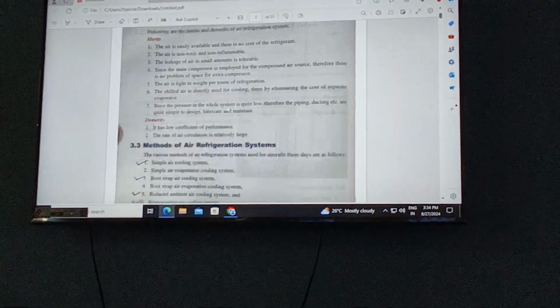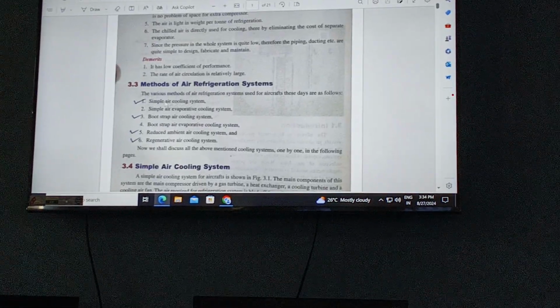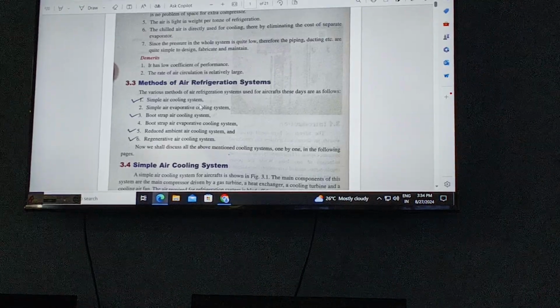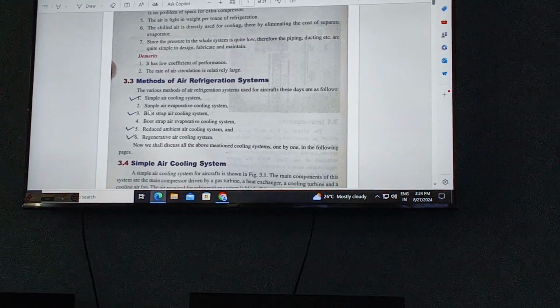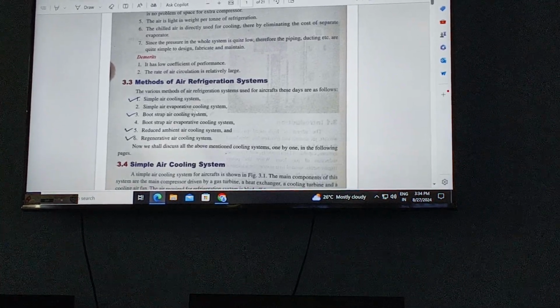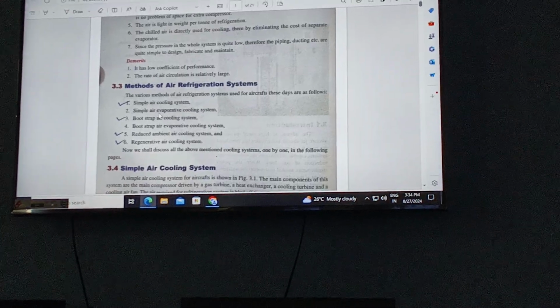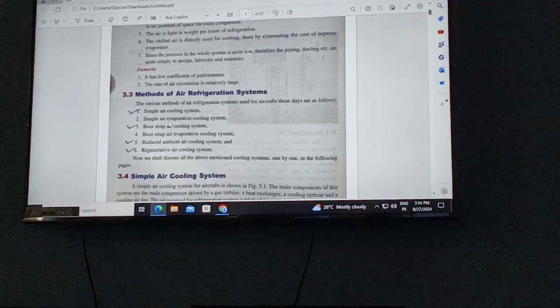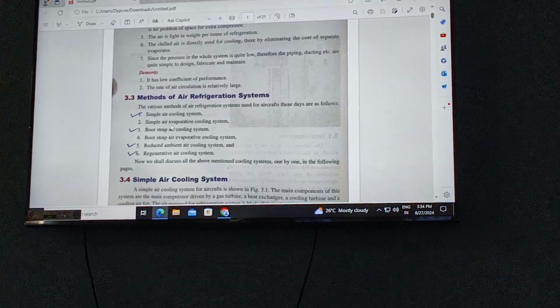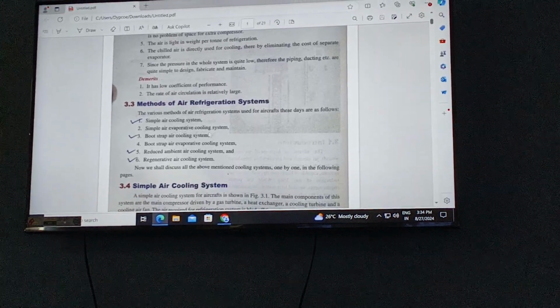Now, methods of air refrigeration system is simple air cooling system. There is one more thing, simple air evaporative. As per syllabus this is not there, but as additional information I will tell you what that evaporative cooling system is.